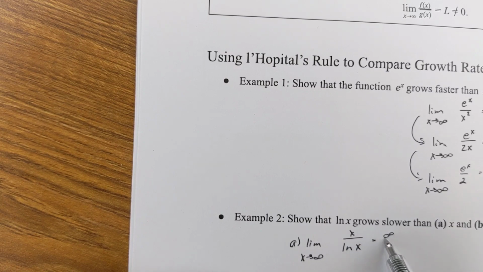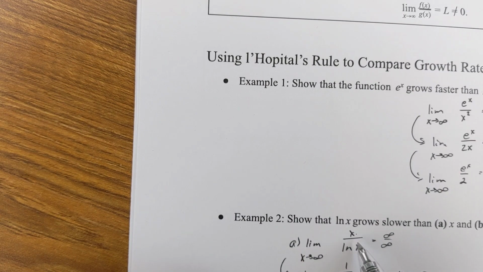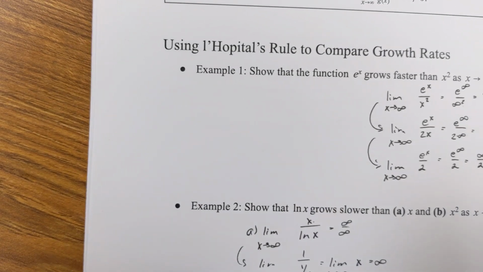Well, if we try this, we get infinity over infinity, which can't be done, so L'Hopital's. So the 1 over x. So this is the same thing as the limit as x approaches infinity of just x, which is infinity, which means the top function grows faster, which means the bottom function grows slower.